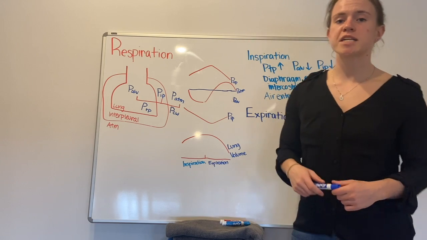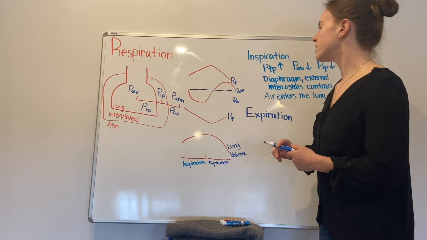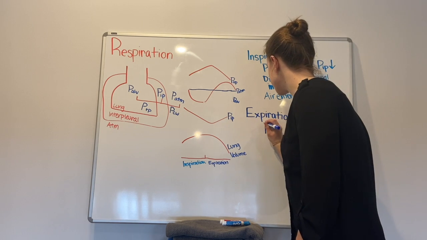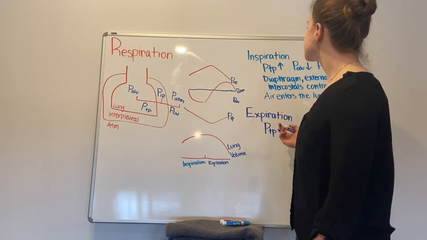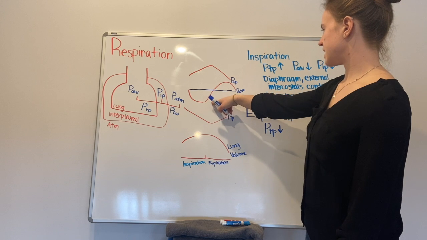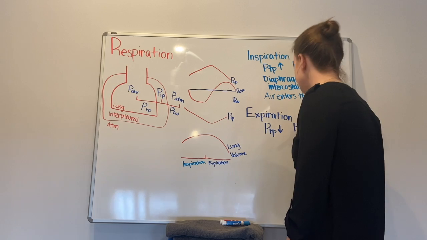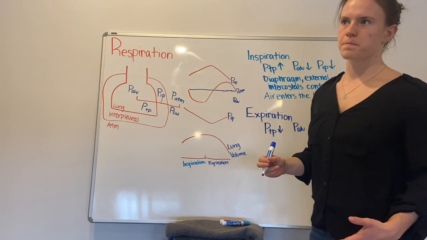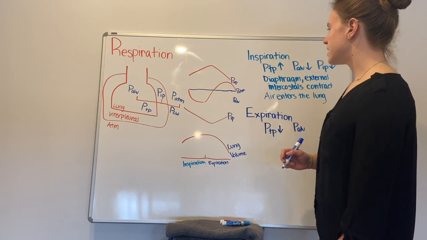For the most part, expiration is going to be the opposite. So if you look on the right side over here, for expiration, our transpleural pressure is going to decrease. So the opposite of what happened during inspiration. We're going to get this increase in our alveolar pressure. It'll drop back down again, but the first thing that happens is we get an increase in alveolar pressure.